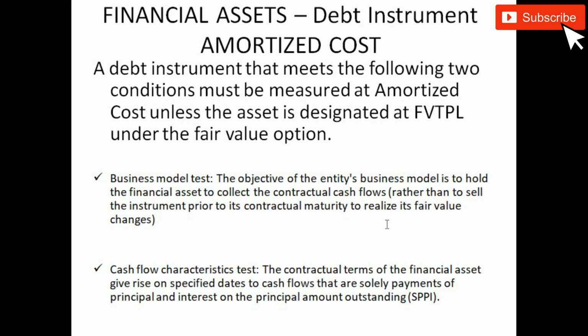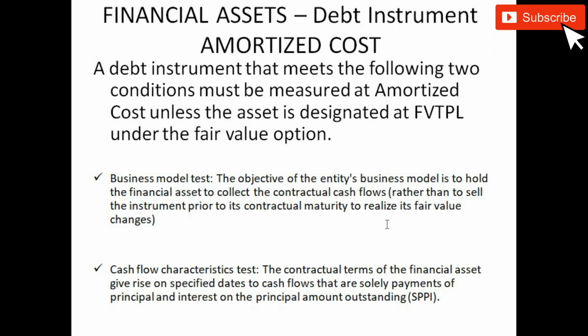So the standard requires that a financial asset, a debt instrument, should be amortized when the following two conditions are met. That means it must be measured at amortized cost unless the asset is designated at fair value through profit or loss under the fair value option.